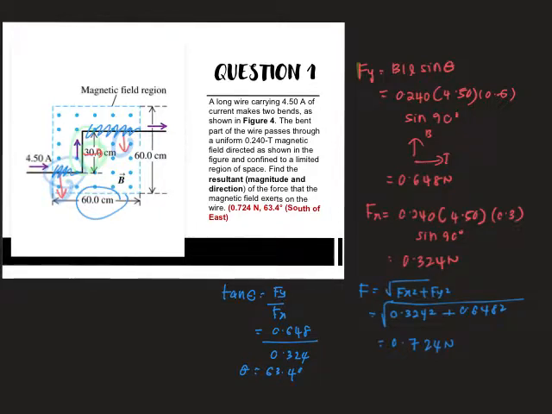Based on the direction of the magnetic force from the second right hand rule, it is to the right and downward. So the direction of the magnetic force is in this direction: 63.4 degrees, with a magnitude of 0.724 Newton, or you can say it is south of east.